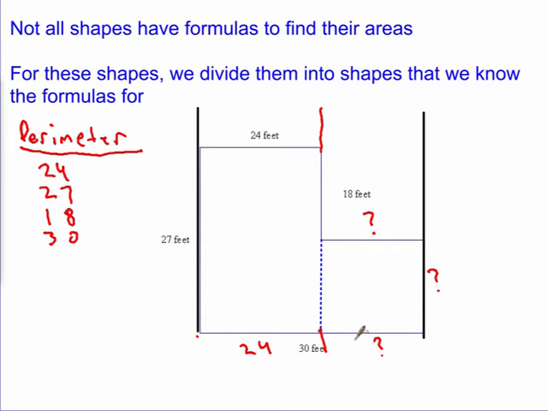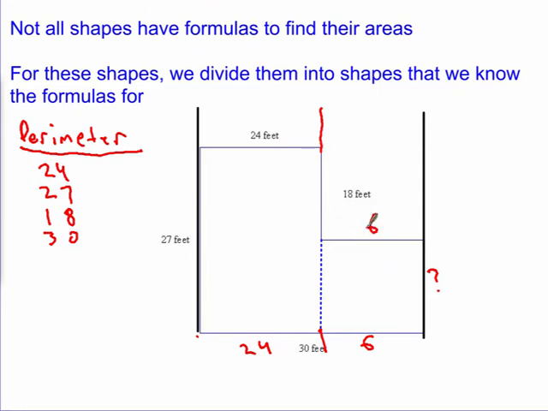We just need to know these two. But we know that whatever this distance here is the exact same as this distance here. We know this whole thing from here to here is 30. We know from here to here is 24. So what's left? Well, 30 minus 24 is 6. So this side right here must be 6. And if this side is 6, so is this one up here, because they're the same.